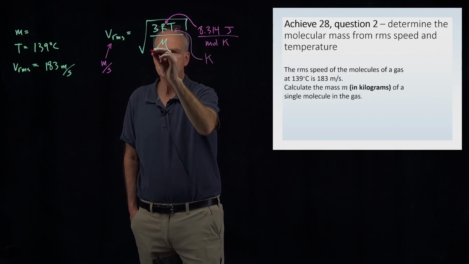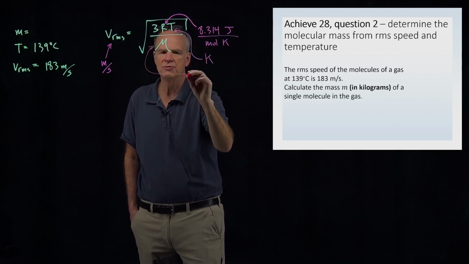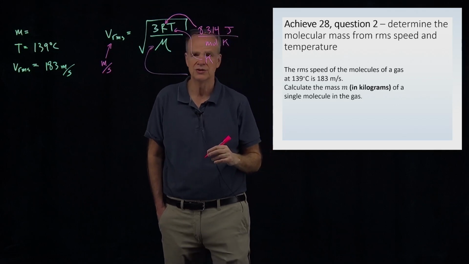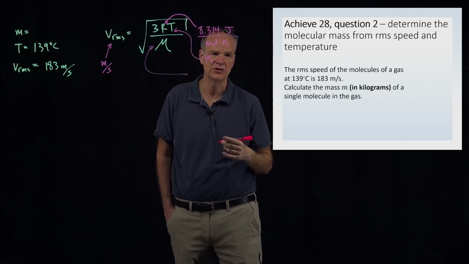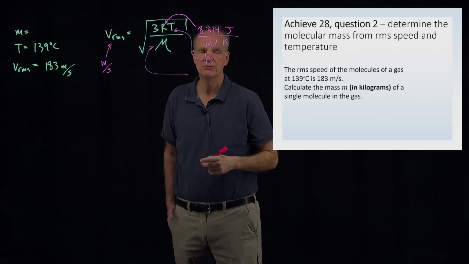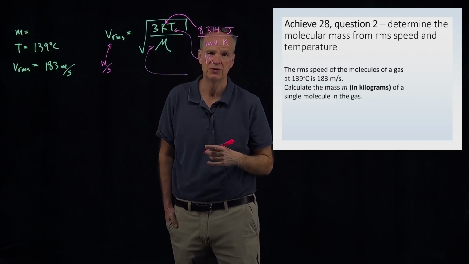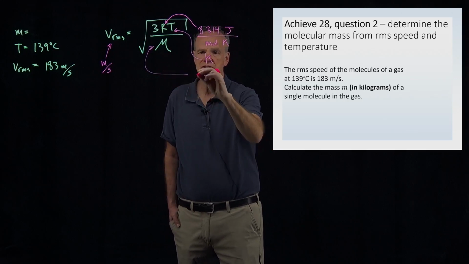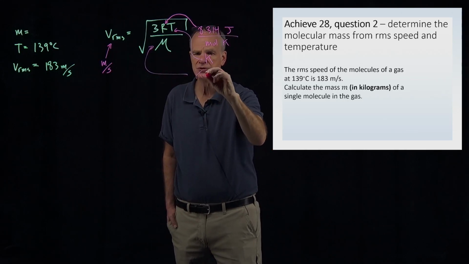This large M is molar mass, and we have to be careful about the units we use here. The molar mass normally is in grams per mole, but in this particular problem, so that you can get units to cancel the way you want, you have to use it in kilograms per mole.